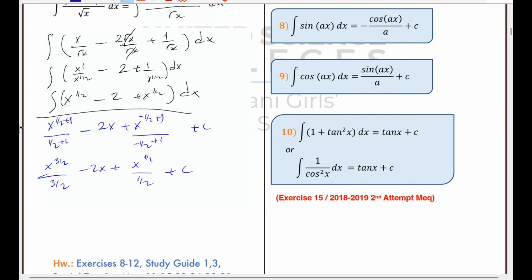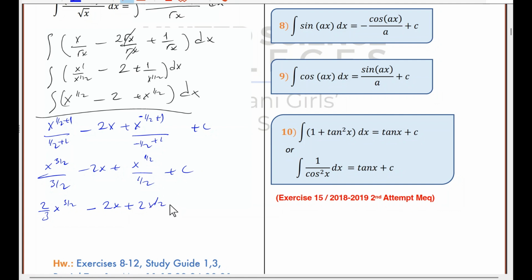Okay. Now, let's get rid of these fractional denominators. Flip it. 2 over 3 x to the 3 over 2, minus 2x, plus 2x to the half.